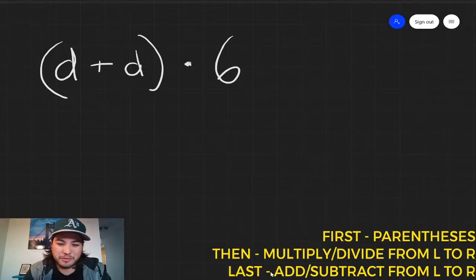And do we really have 2 variables here? What's another way we could write D plus D? Can anyone think? If you have a number and you add itself to it, what essentially are you doing?